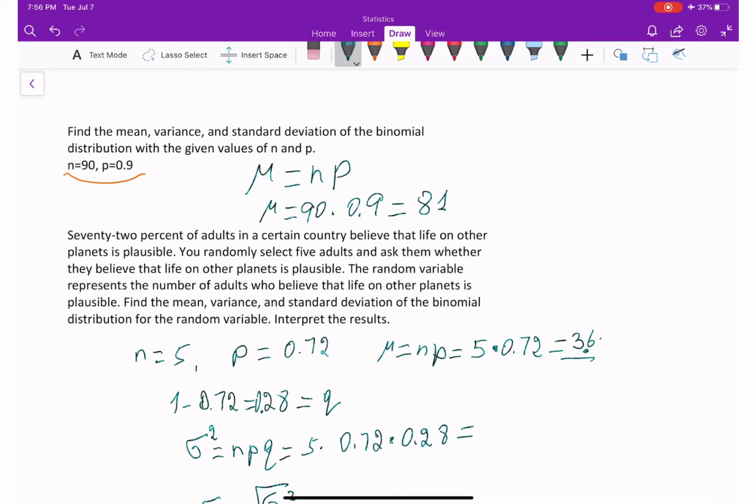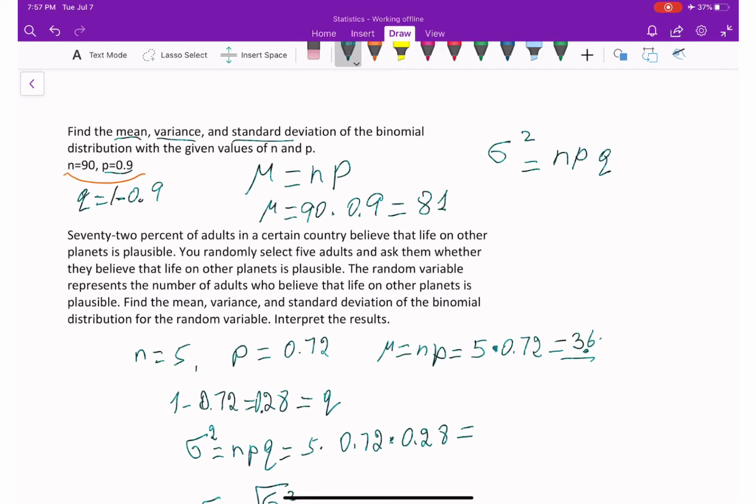variance, so mean, variance, standard deviation. Variance, sigma squared, is going to be n times p times q. So if p is 0.9, q is going to be 1 minus 0.9, always, because q is equal 1 minus p.